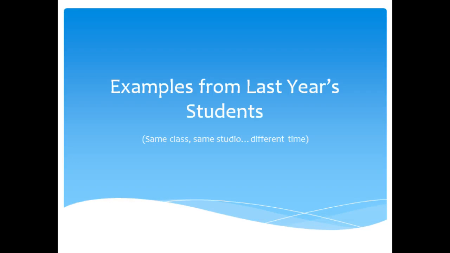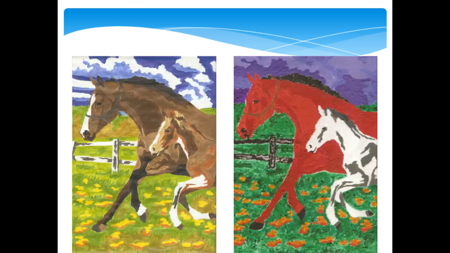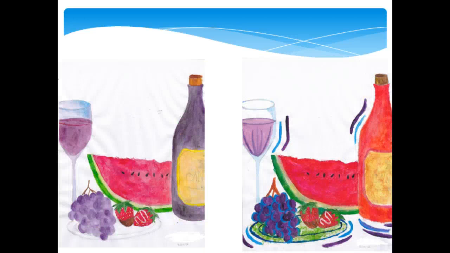So here are examples from last year's students, same class and same studio. So you can see on the left is the naturalist style, on the right is the impressionist style. This one is not as obvious, but it does work.